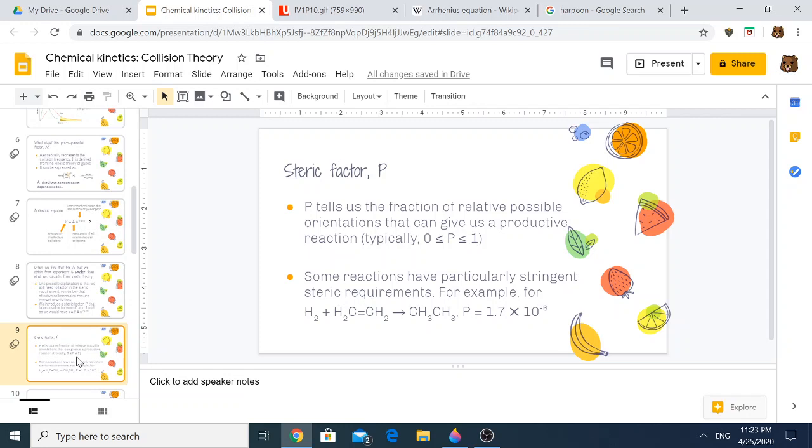It has a value of 1.7 times 10 to the power of negative 6, an order of magnitude of negative 6. So it's really small. So maybe out of all possible orientations, really just one of the many possible orientations can result in a productive reaction. So that is why the requirement is so strict, so stringent.